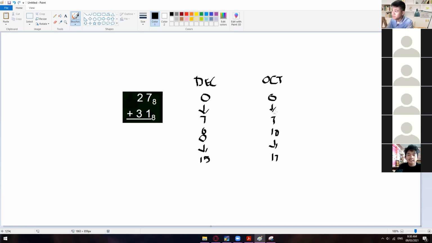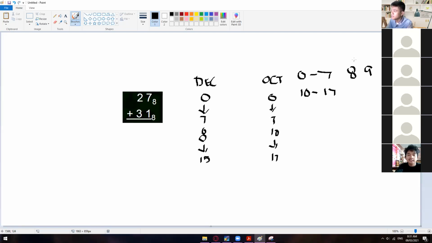That's because octal only ranges from 0 to 7, or in other words, this one doesn't have 8 and 9. And then the next one right here is, of course, 10 to 17.